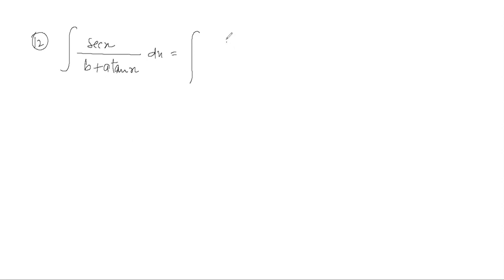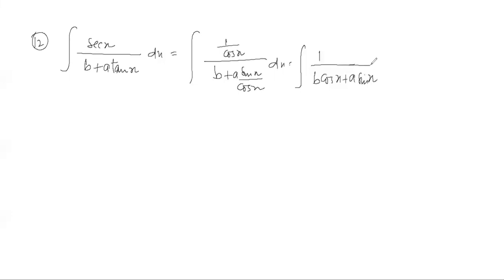So this would be 1 upon cos x, and this would be b plus a sin x upon cos x. After simplification, we get b cos x plus a sin x, dx. Any problem till now? Very good.